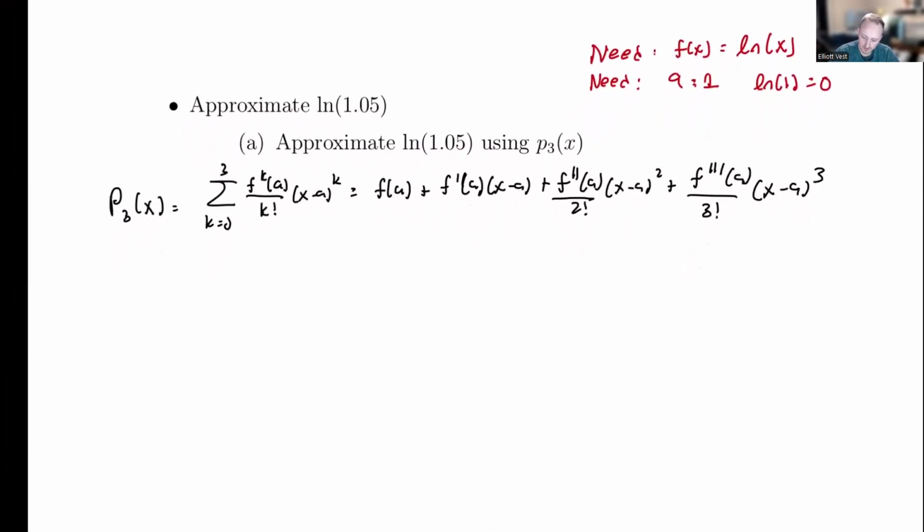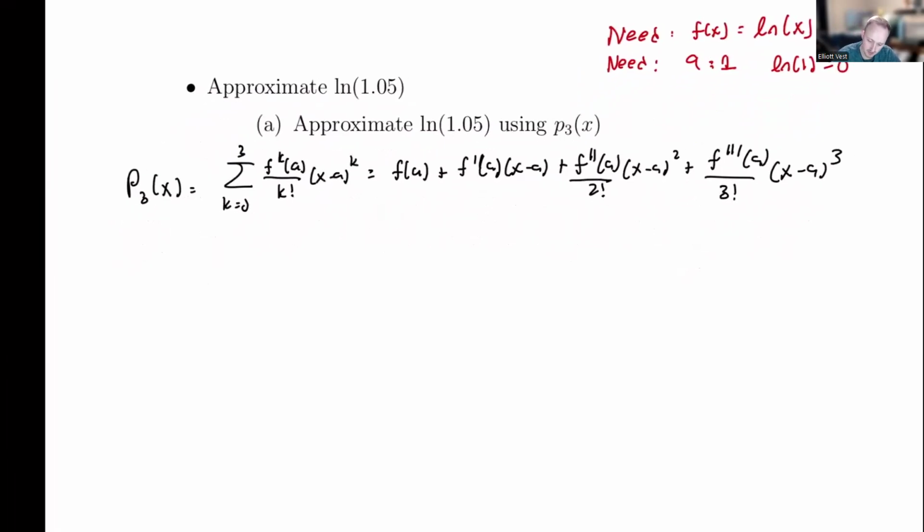What I like to do is find all the derivatives first so I can just plug it all in from the get-go. So let's do that on the side here. f of a, in this case, is going to be ln of 1, because a is 1 and f is ln of x.